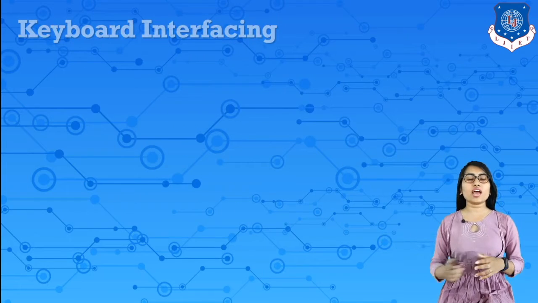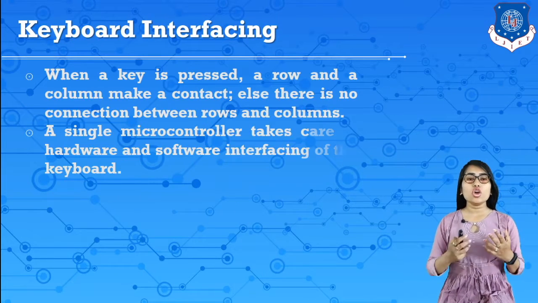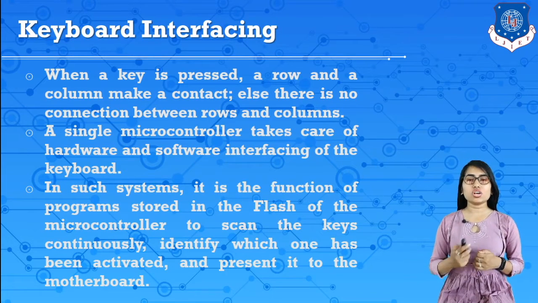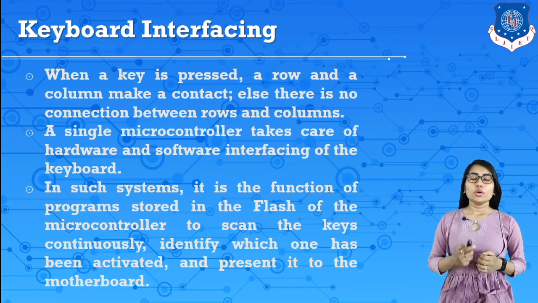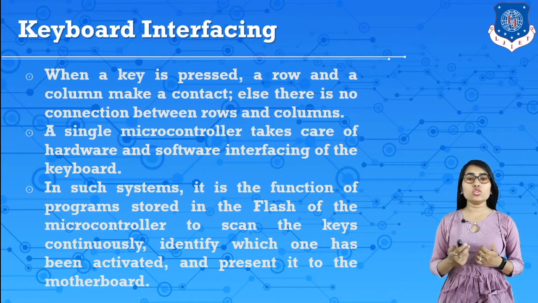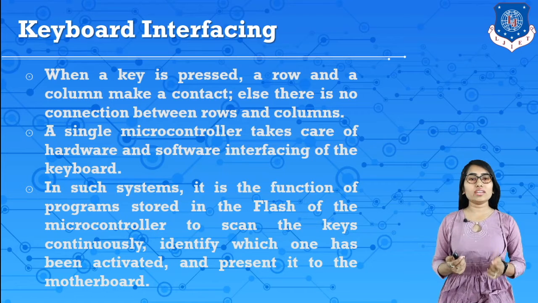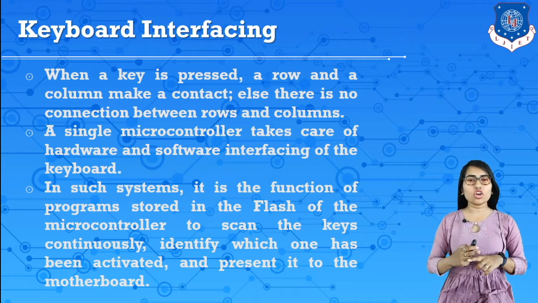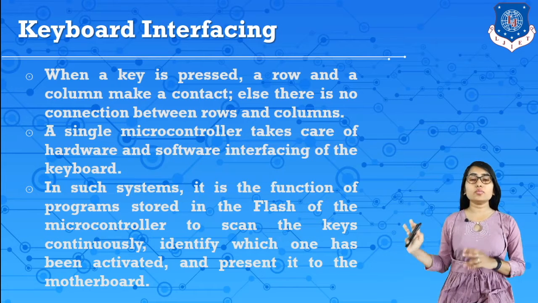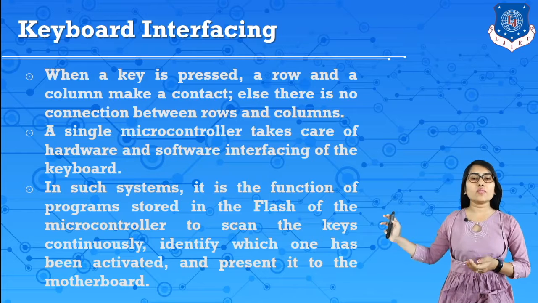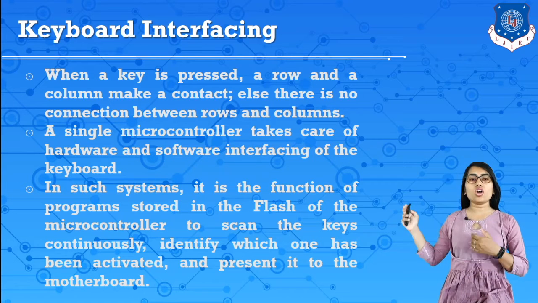So here we have keyboard interfacing. When a key is pressed, a row and a column make contact, else there is no connection between rows and columns. A single microcontroller can take care of hardware and software interfacing of the keyboard.